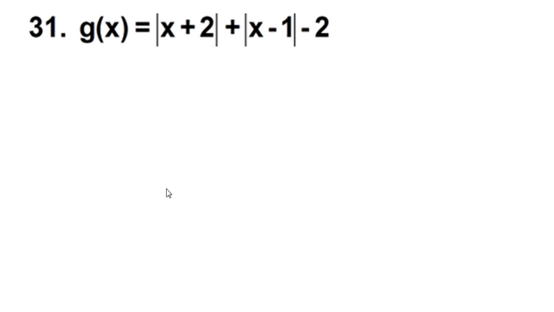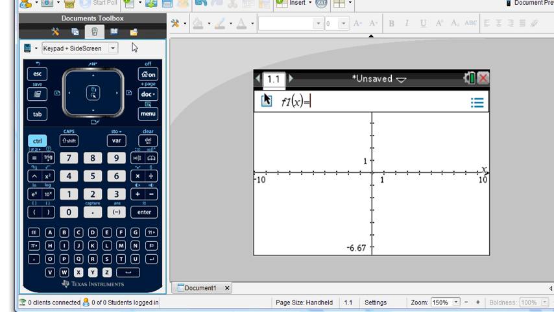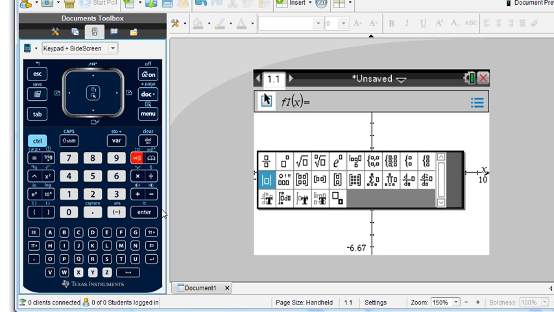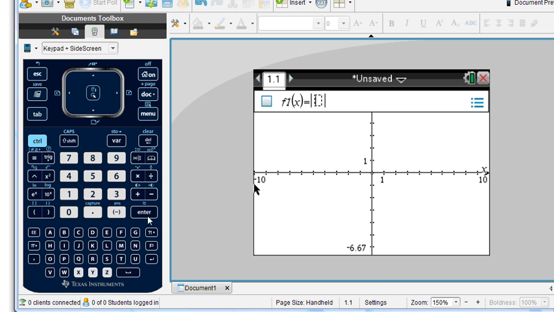And so here's 31. We're going to enter this in our graphing calculator. To do that, we get the absolute value in the TI-Nspire CX calculator, which is this key next to the 9, and then the second row on the left. Press enter. We get inside absolute value brackets x plus 2.